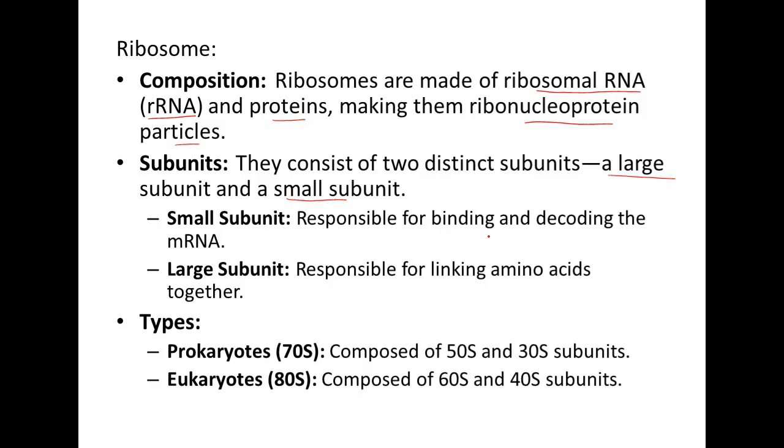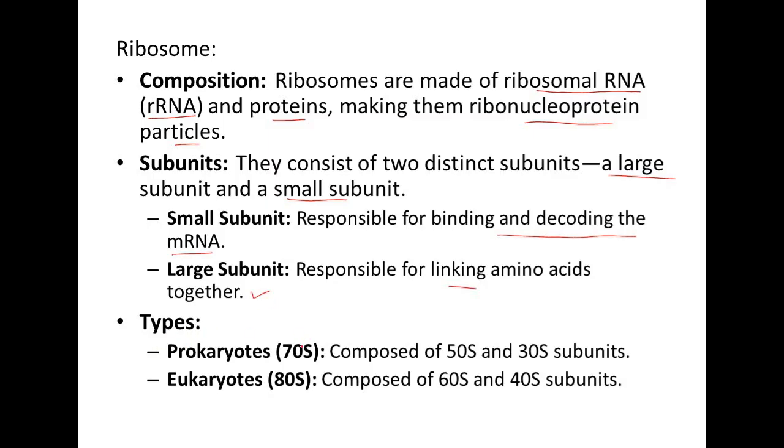The small subunit is responsible for binding and decoding the mRNA, which comes from the nucleus to the cytoplasm, and the large subunit is responsible for linking amino acids together and forming proteins.